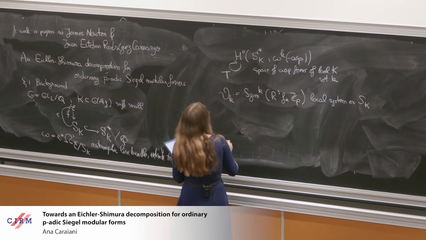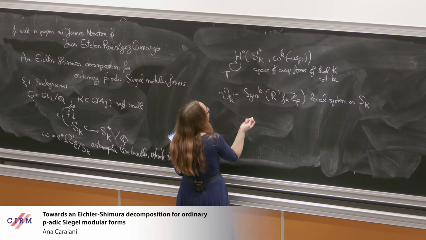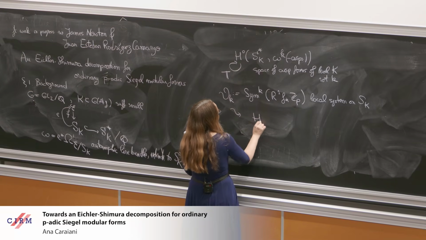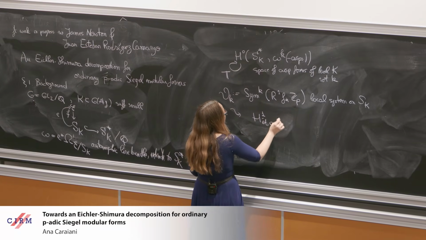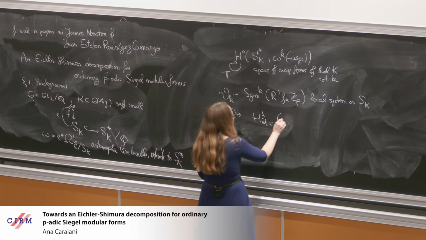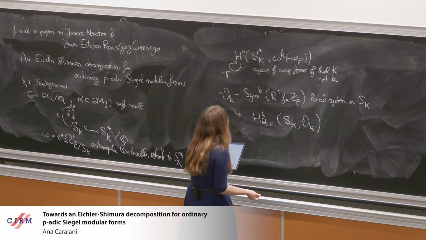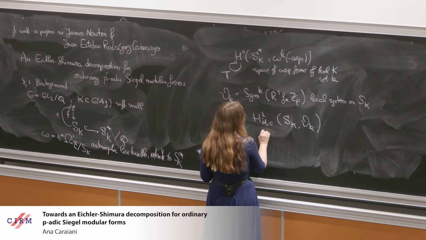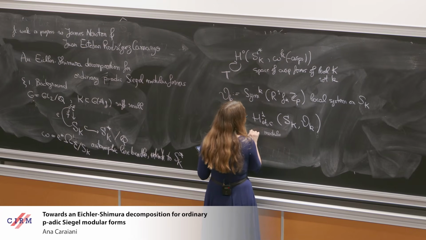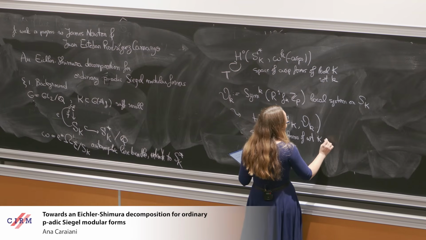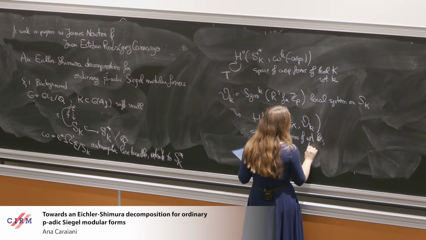And then you can also view cusp forms or modular forms as contributing to the étale cohomology, say with compact support, of S_K with coefficients in this local system. And so this also sees some modular forms of weight k and level big K.